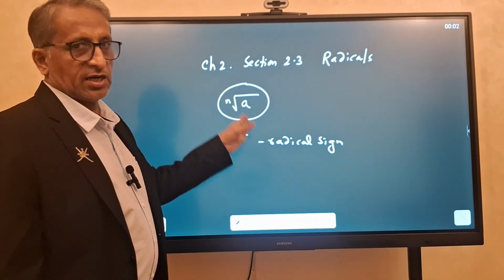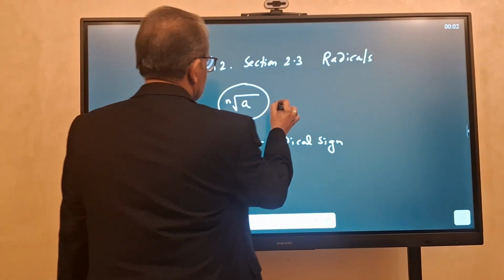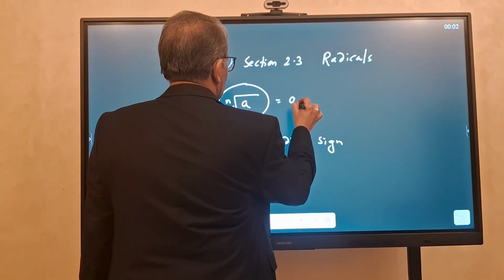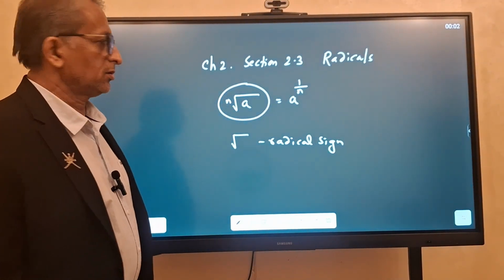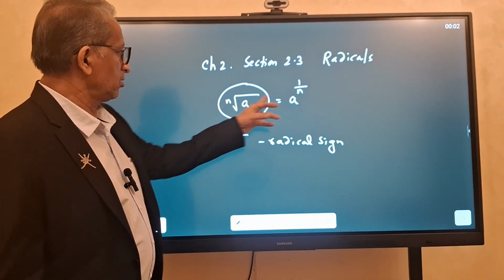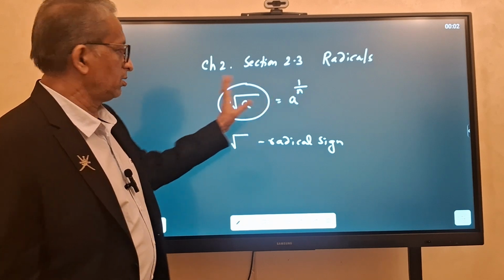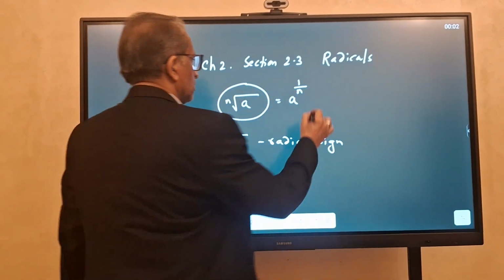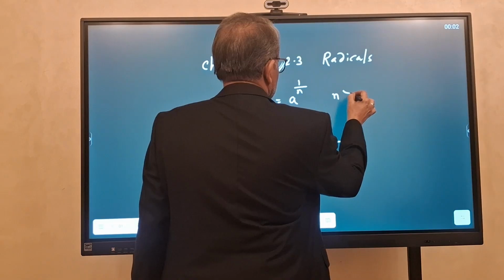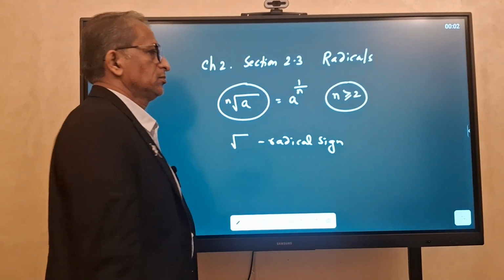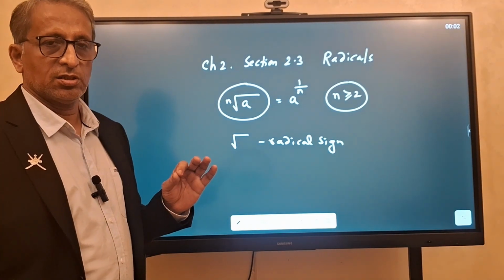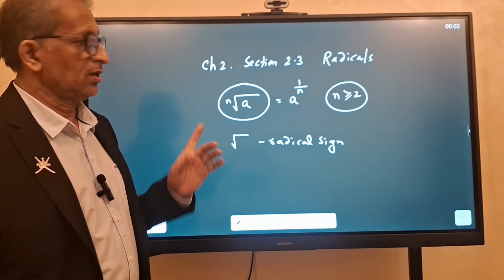We can write this radical number as a power 1 by n. That means this n goes in the denominator. But be careful, here n is greater than or equal to 2. That means it is not 1, but it takes 2 onwards.